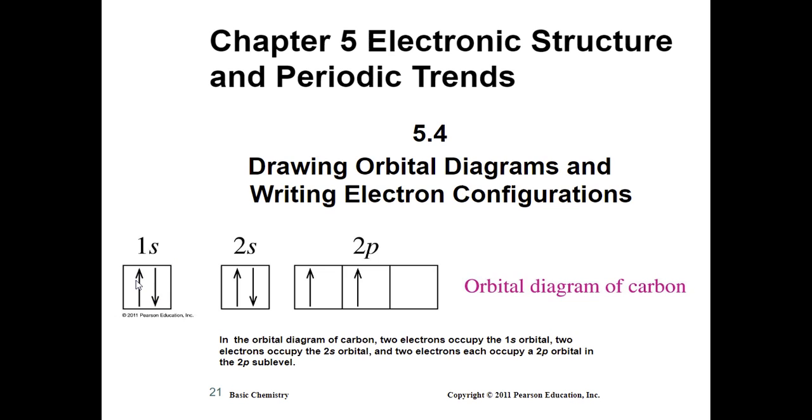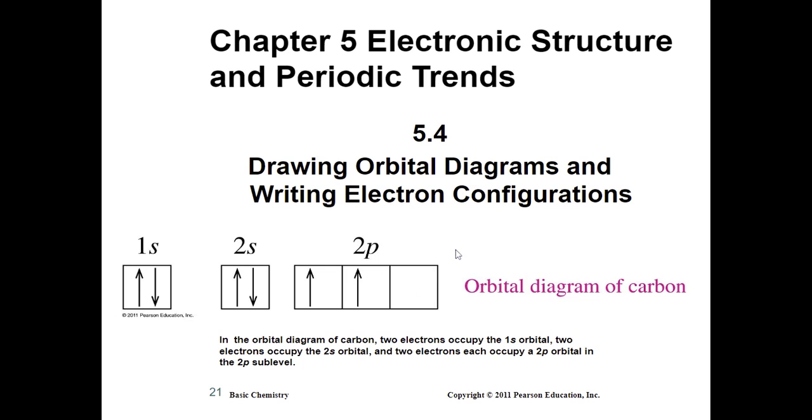Each box can hold 2 arrows, opposite, top and bottom. When you go to p, p has 3 boxes because it can fill up 6: top, bottom, top, bottom, top, bottom. Then d has 5 boxes with 2 arrows per box, so that makes 10. And then f is 7 boxes times 2, that's 14.